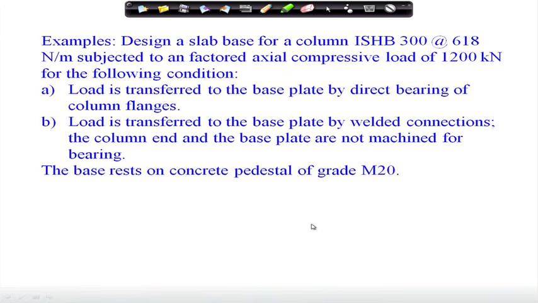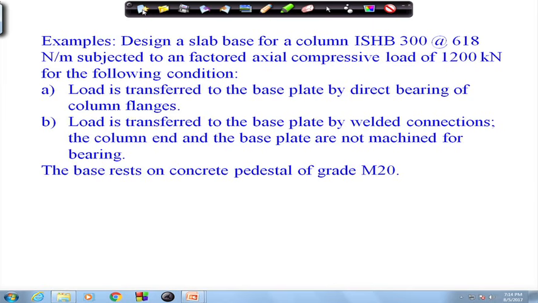Considering these steps, we will solve one worked example. The example is: design a slab base for a column of ISHB 300 at 618 Newton per meter, subjected to a factored axial compressive load of 1200 kilonewton for the following conditions. The factored load is 1200 kilonewton, and the first condition is that the load is transferred to the base plate by direct bearing of the column flanges.